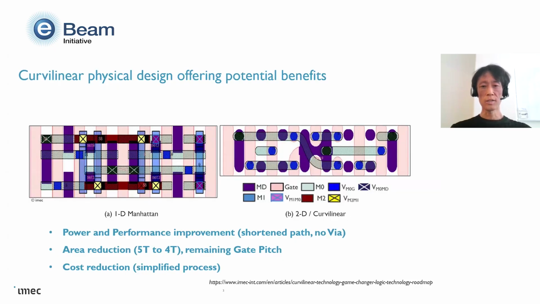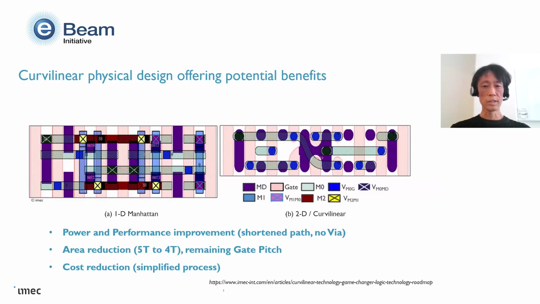Another potential advantage is area scaling. By utilizing routing resources more efficiently, curvilinear layouts may enable a reduction in the standard cell height, for example, from now 5 tracks to 4 tracks, while maintaining the same gate pitch and the design rule. This translates directly into higher logic density.